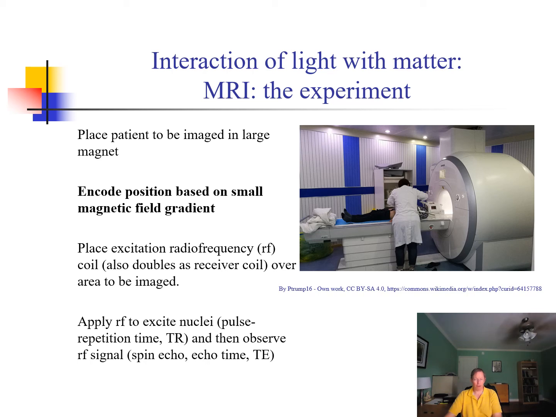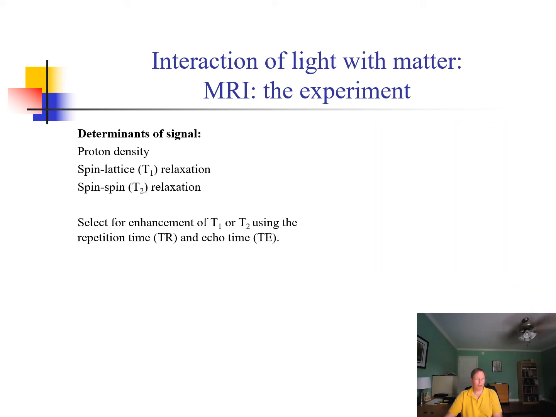Many times you'll see what's called a motion artifact when the patient moves around. So, as I mentioned, we look at spin-lattice and spin-spin relaxation, and also the density of protons, or hydrogens. I can select for the T1 or the T2 using these repetition or echo times.